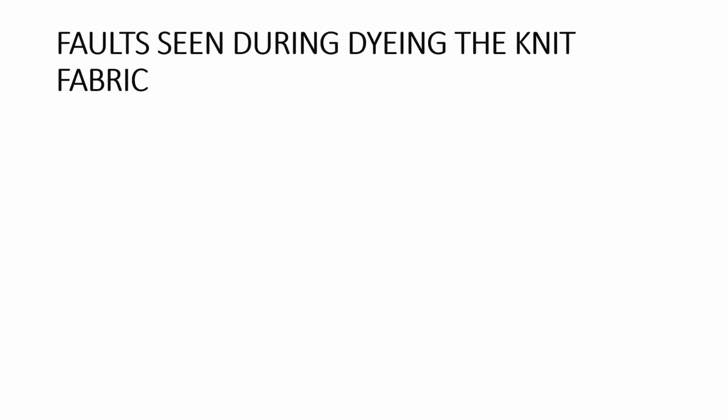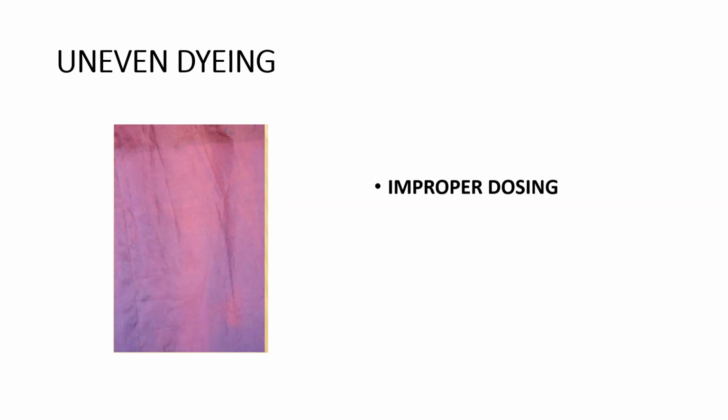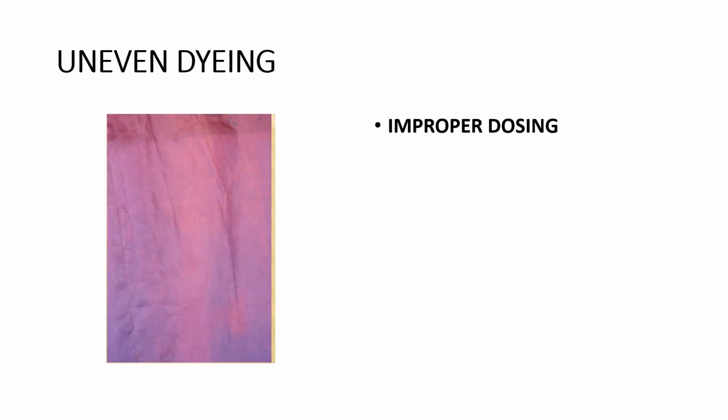And if you see now the faults in the dyeing of the knitted fabric, we can find a lot of such problems. One such dyeing defect has been shown here, where uneven dyeing may result due to improper dosing of the chemicals or improper selection of the dyes, not compatible dyes, or compatibility with some chemicals or auxiliaries.